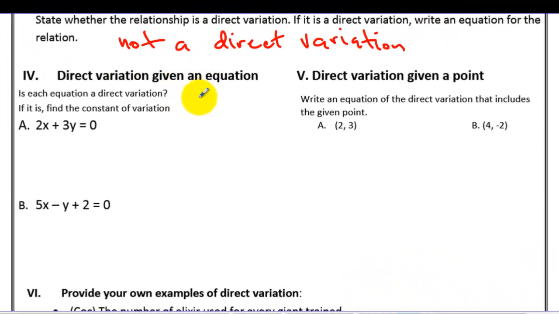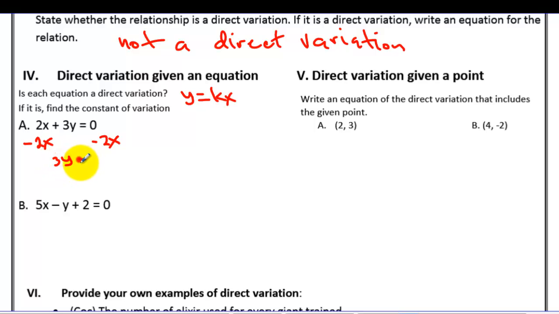Direct variation given an equation. How do we know if an equation is a direct variation? Well, we said earlier that as long as you have y equals kx, then you will have a direct variation. So your goal here is to isolate your y. So how do we isolate our y? Subtract 2x from both sides.